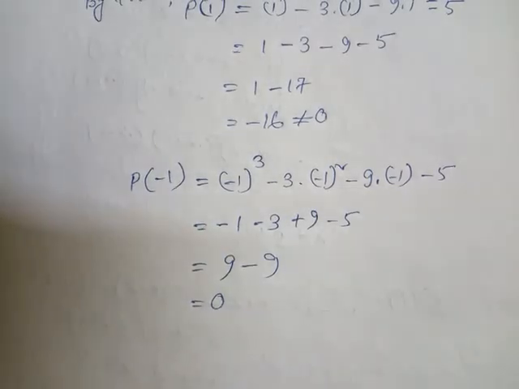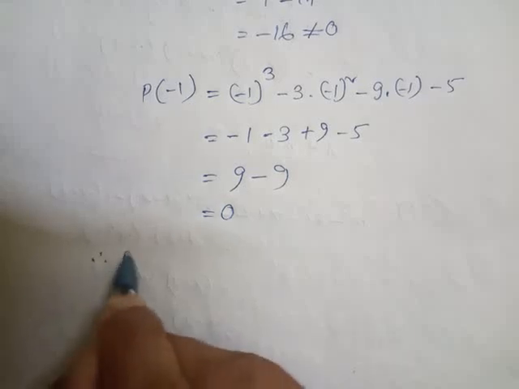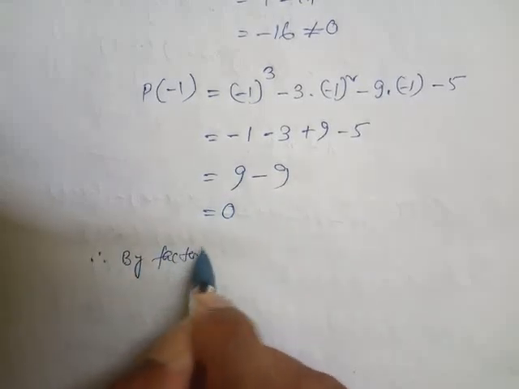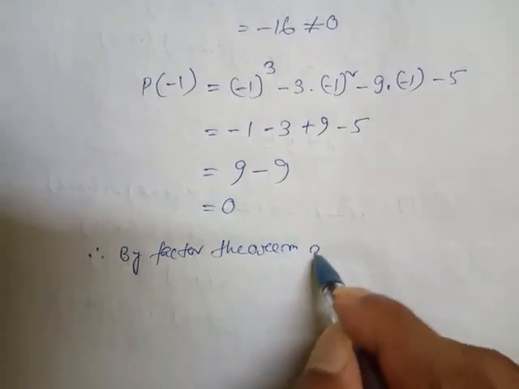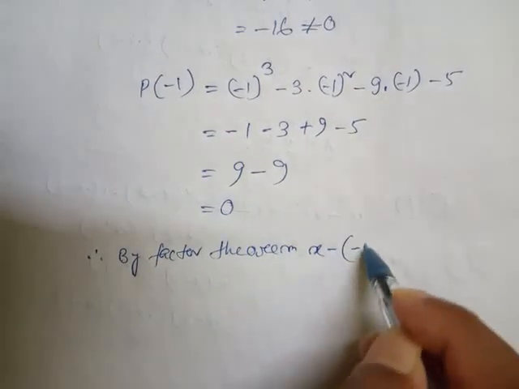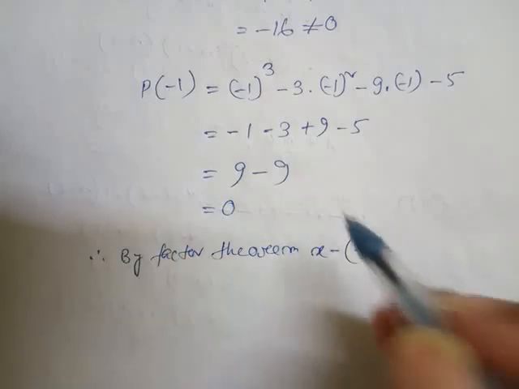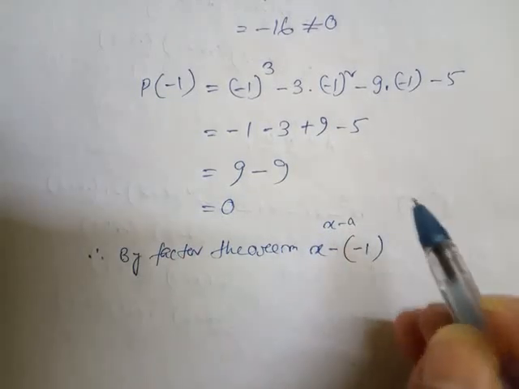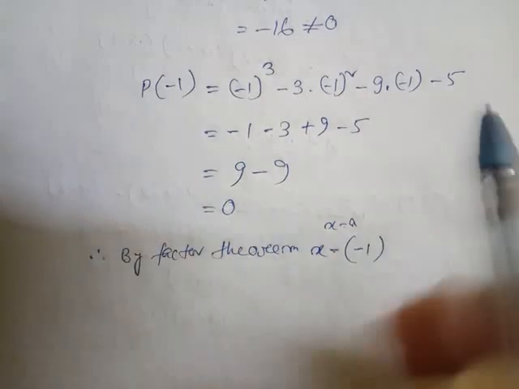the factor. Now we can say that by the factor theorem, x minus a is the factor. Since there is minus 1, actually the factor theorem is x minus a. Mind it, the factor theorem is x minus a. This minus is this one, and this a is this one.